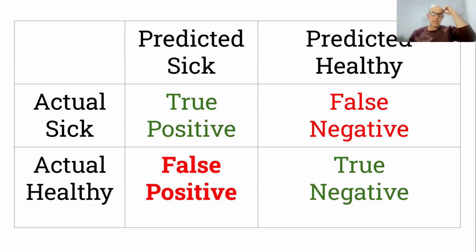Right? So talking about true positives, right? If I predicted that the person is sick and they're actually sick, this is what is known as a true positive. We talked about false positive, which is a person who is said to be sick, but they're actually healthy. And we also have false negative, saying this is a person who is sick and we said that they're healthy.